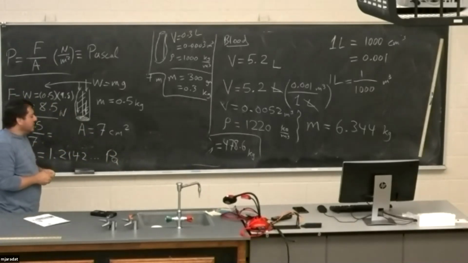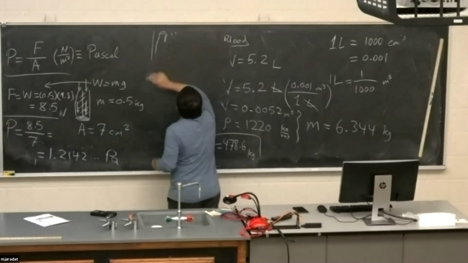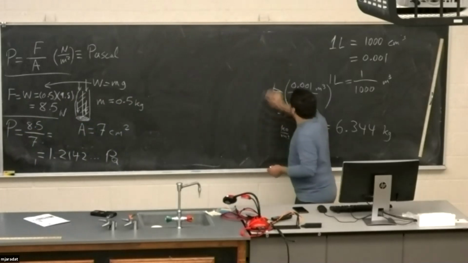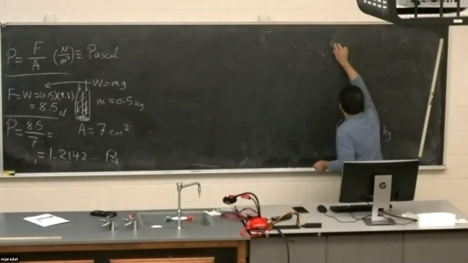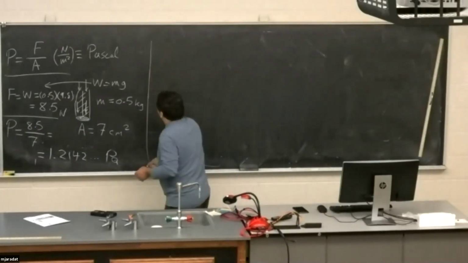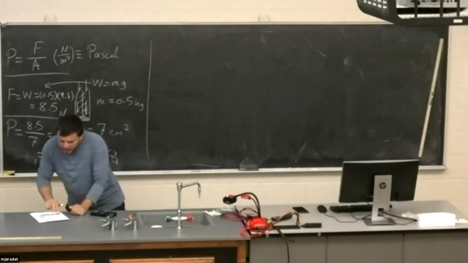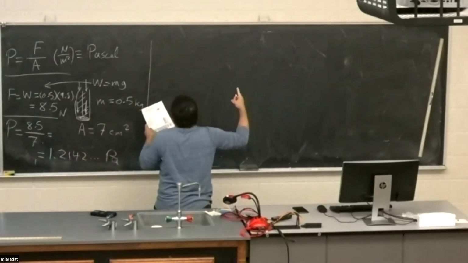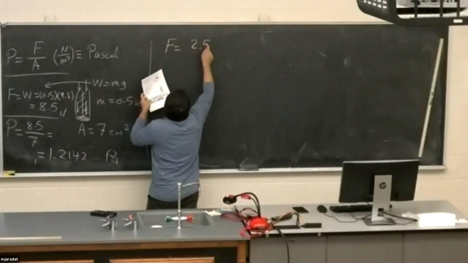Now let us see different objects or examples. We will talk about atmospheric pressure. It is very high. And we will see that. Now the second example, a force applied by your hand if the force is equal to 2.5 newtons.